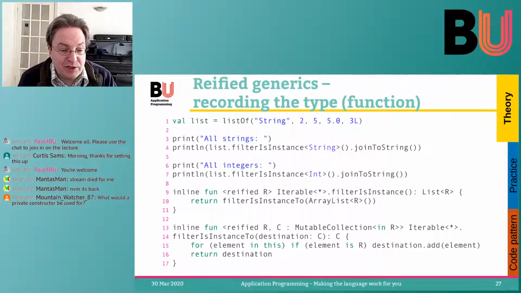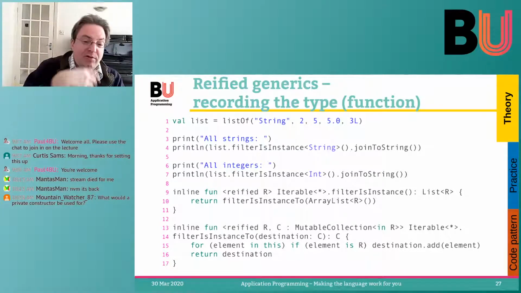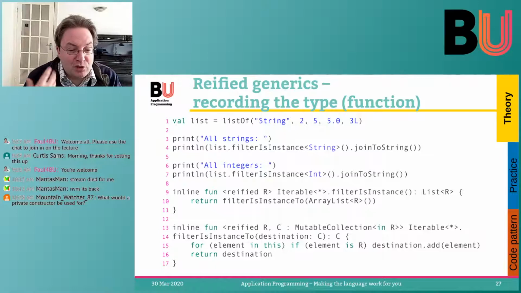This filterIsInstance is implemented in two parts, just because they find this is an easier way to share the implementation. So filterIsInstance is implemented as filterIsInstanceTo with an ArrayList parameter. The ArrayList is just where this is going to be stored, and that is returned as a return value. Normally you don't care about passing a list where you want to add the elements to.